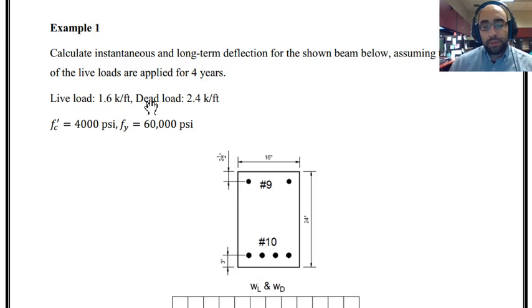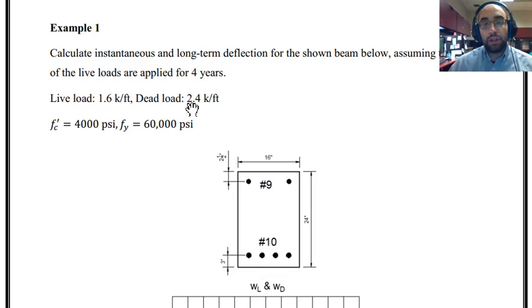Dead load is not specifying whether the self-weight is included or not in the material or in the loading. So the default assumption that we have in this course is that whenever dead load is given to us without any specific information about whether the self-weight is included or not, we can assume this number is including the self-weight.